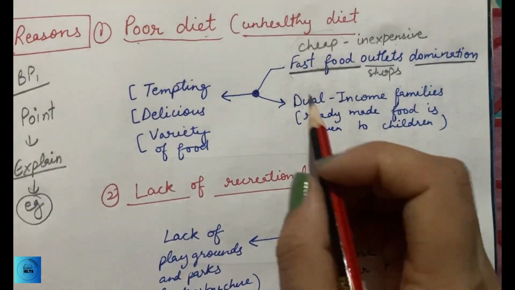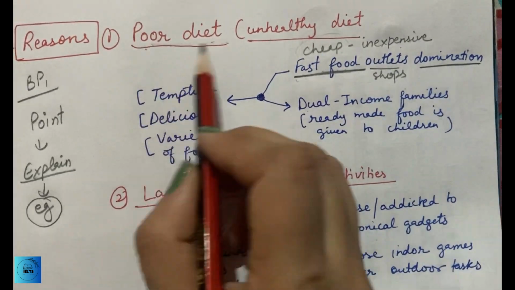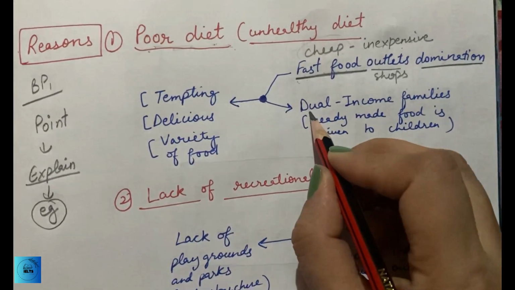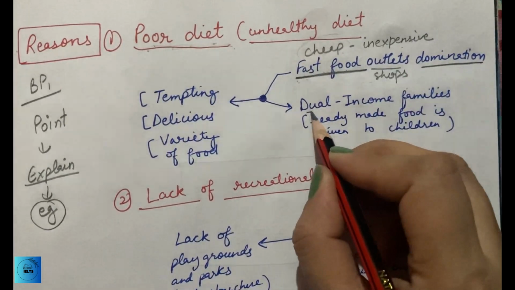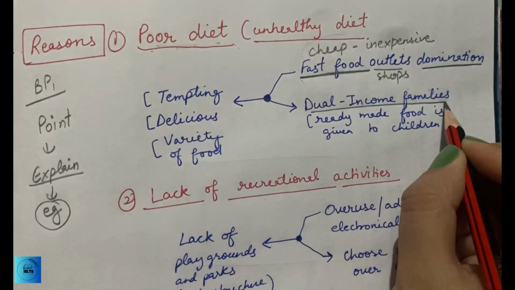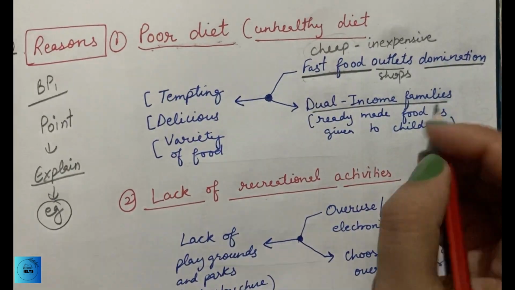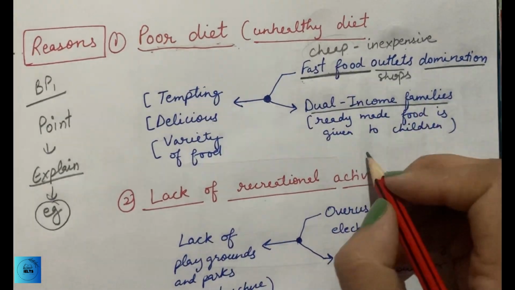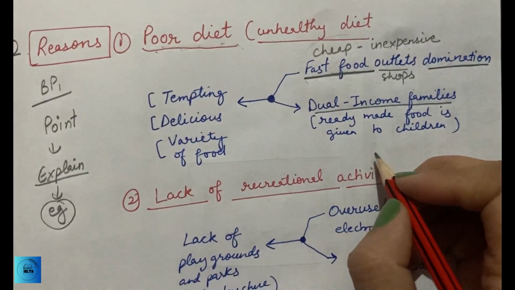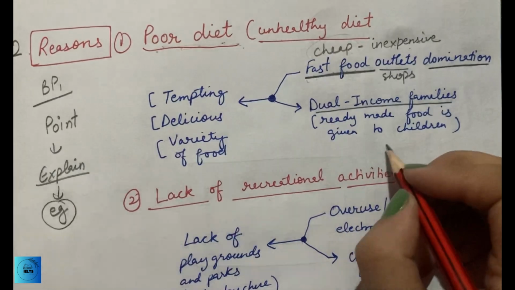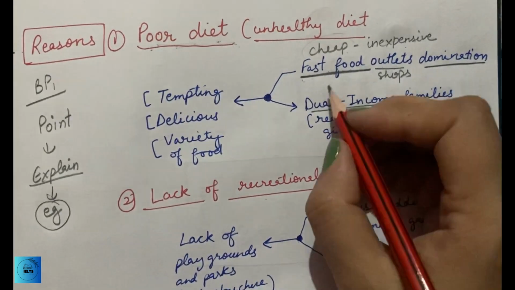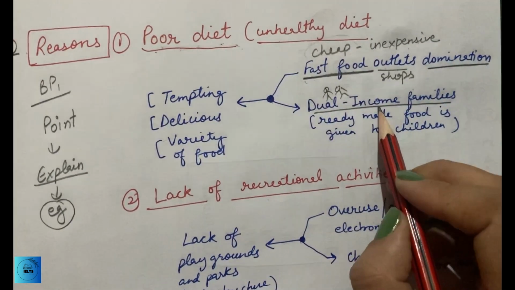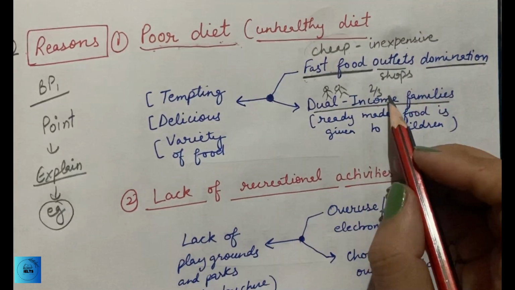Second reason, in order to explain why people are preferring poor diet these days, is that the families in this modern world are dual income families. Unlike the past when there was a male dominating society, where the male used to go out of the home and work, and the female used to prepare the food at home, nowadays both mother as well as father spend 2/3 of the day at their workplaces.